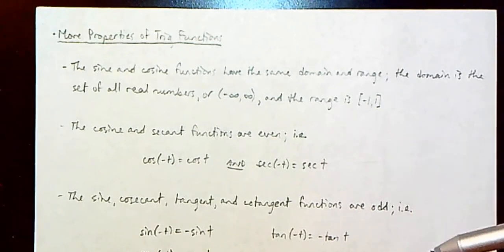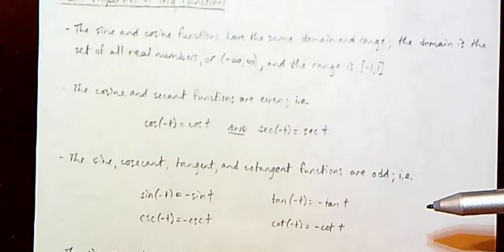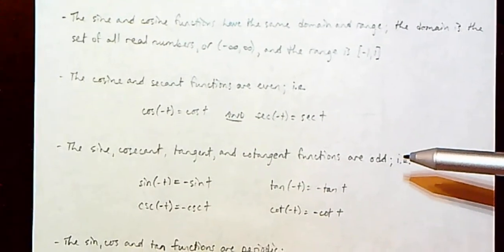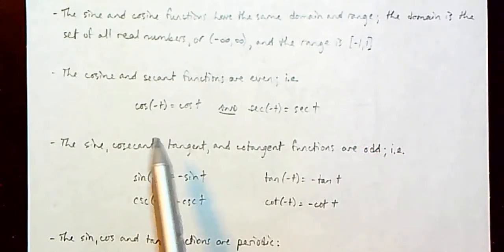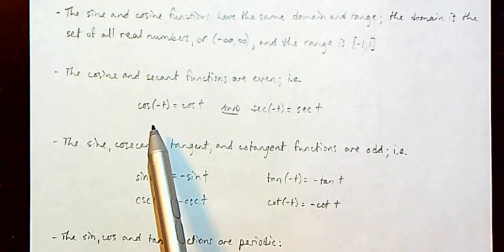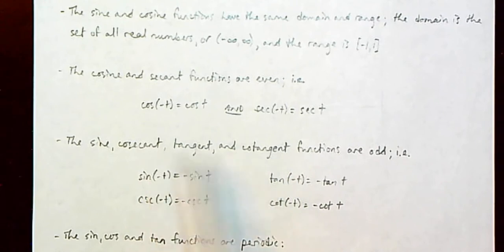In terms of functions being even or odd, there are only 2 of the 6 trig functions that are even, and those are cosine and secant. Those guys are even. So what we're saying here is that the cosine of minus t and the secant of minus t equal just the cosine of t and the secant of t.